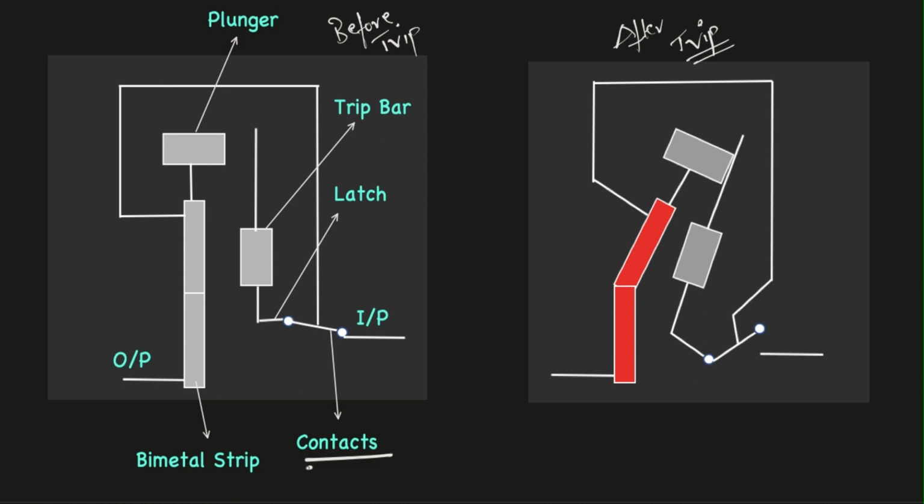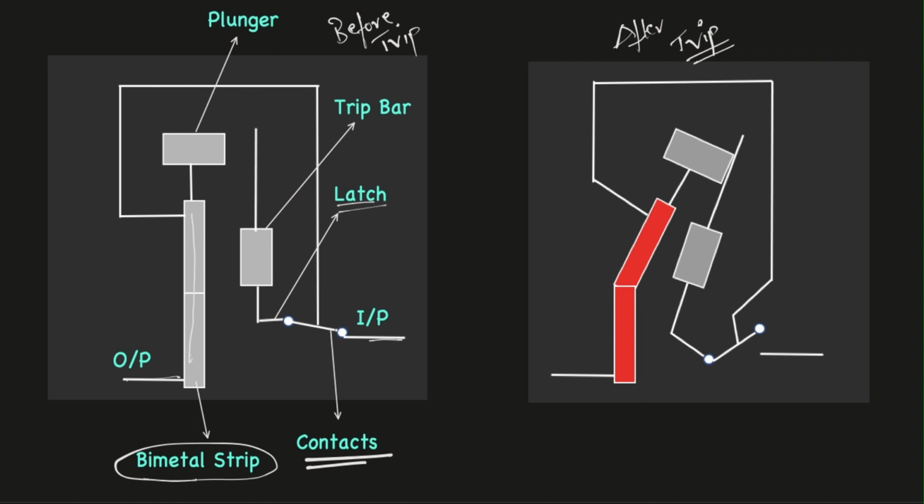This is the contacts. The main important part in this diagram is the bimetallic strip, which is this entire strip, and here also this red color is the bimetallic strip. This is the input terminal, here is the output terminal. Follow my cursor. Here the latch is connected to the contact.